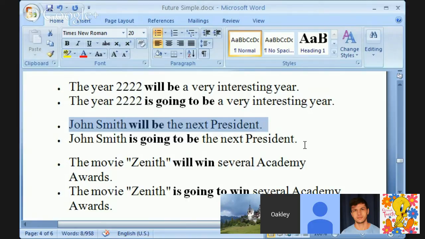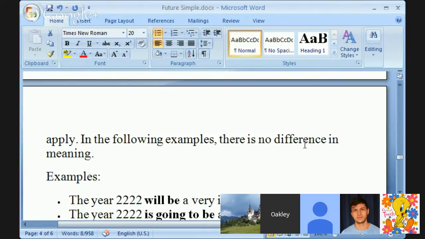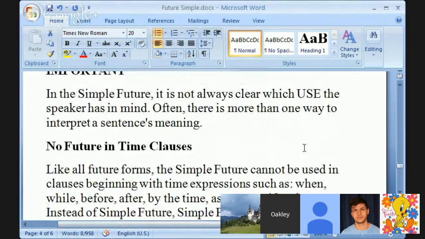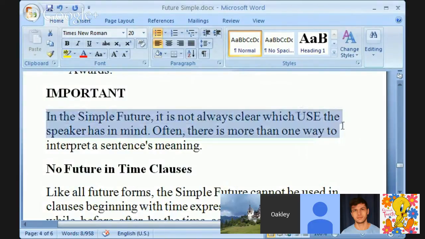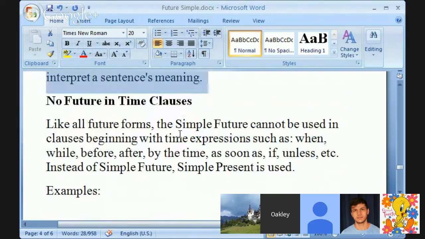It will rain later. It's going to rain later. I can't really control that, so I'm going to use either simple future form. And this is what I just said. In the simple future, it's not always clear which use the speaker has in mind. Usually the speaker isn't even thinking about that either, and the listener can't tell. So that's what I've been trying to tell you guys. Usually it doesn't really matter.